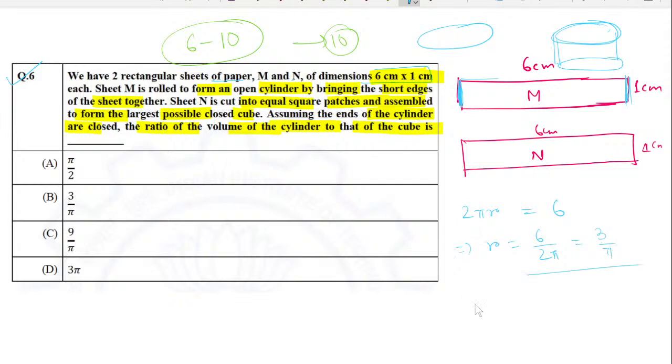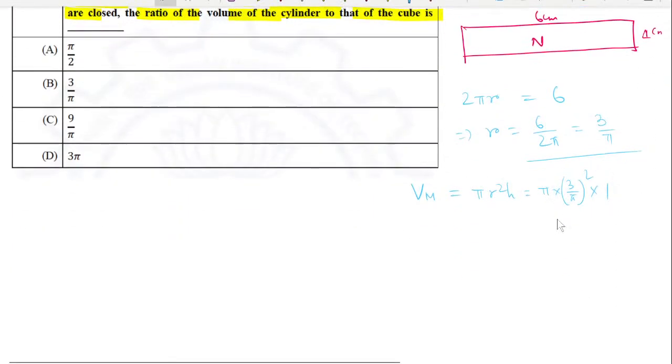Now if we calculate the volume of cylinder M, we know the formula is pi r square into h. So pi into 3 by pi whole square into h, where the height is 1, which equals pi into 9 by pi square. So this is equal to 9 by pi.